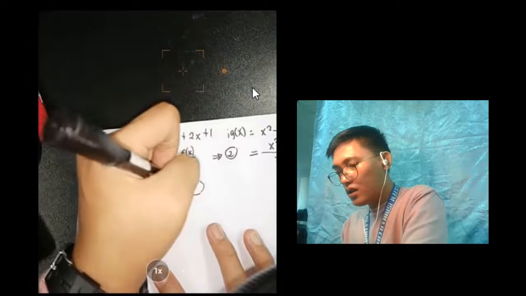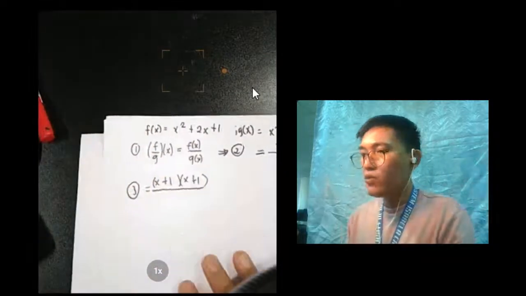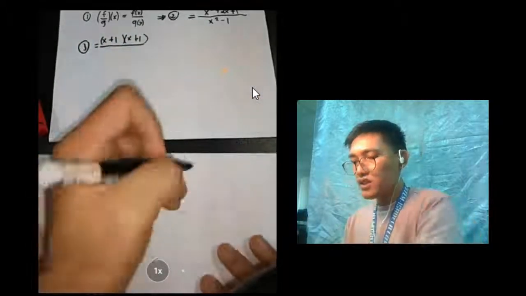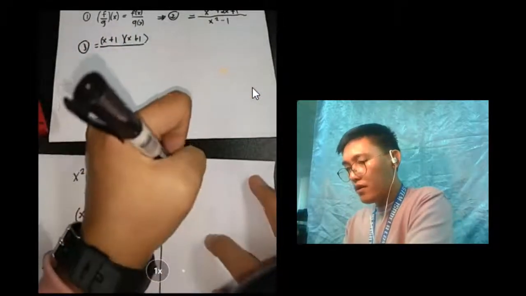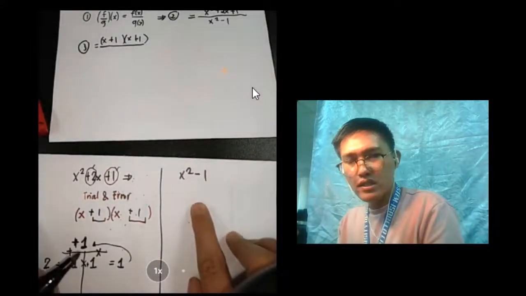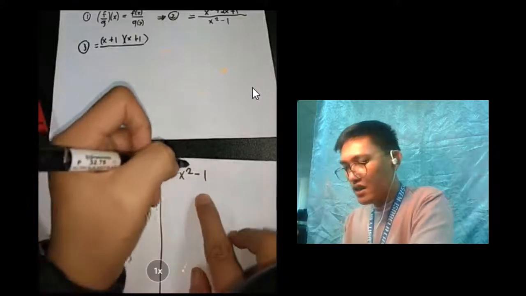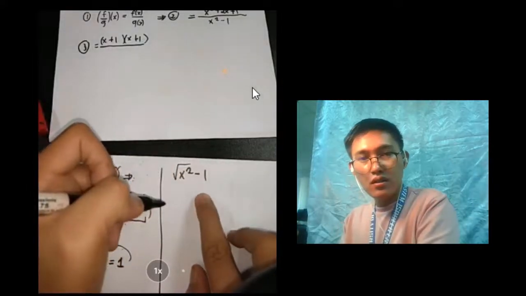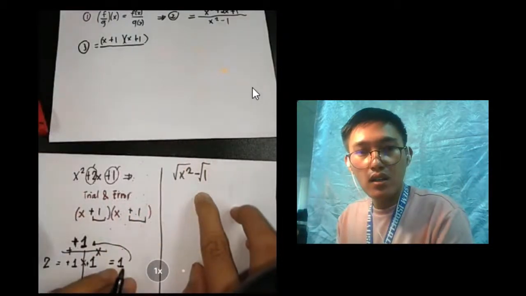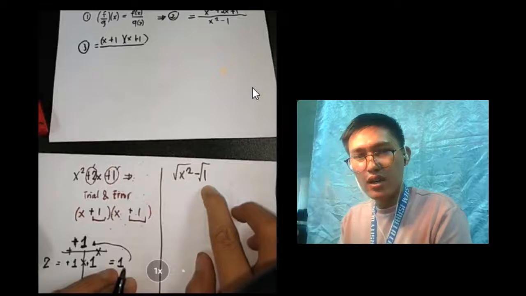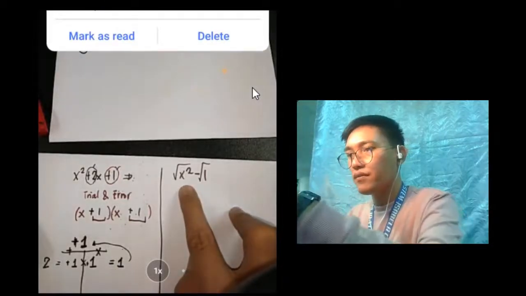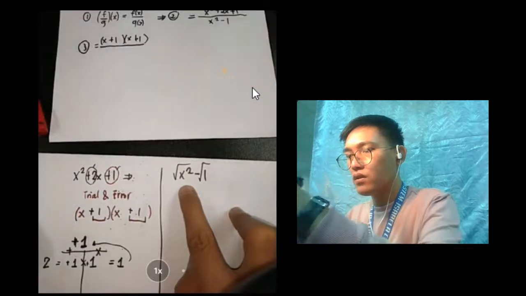Now, let's proceed with the denominator. Denominator is x squared minus 1. What are we going to do with this? We all know that this is a perfect square. And also this is a perfect square number, right? Because 1 squared is 1 and x times x is x squared also.